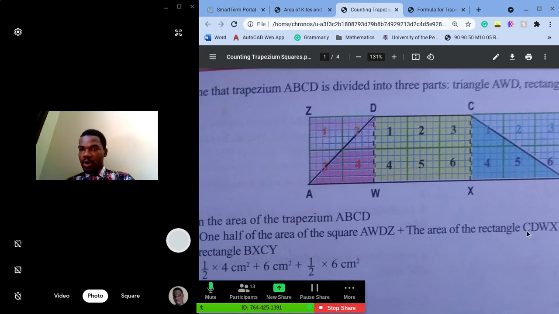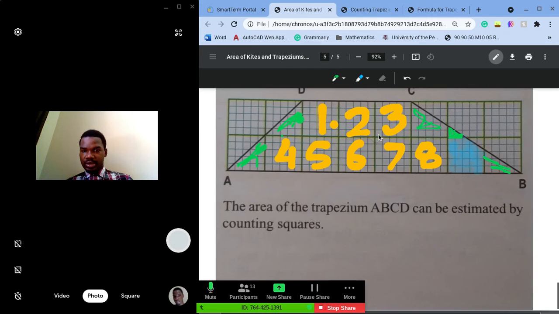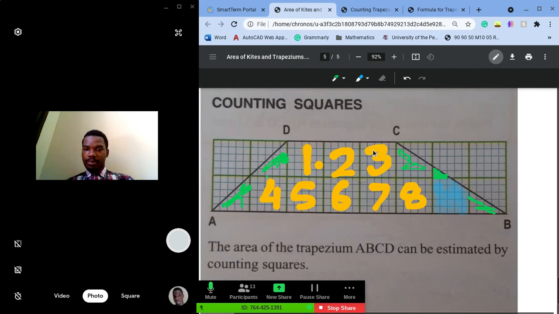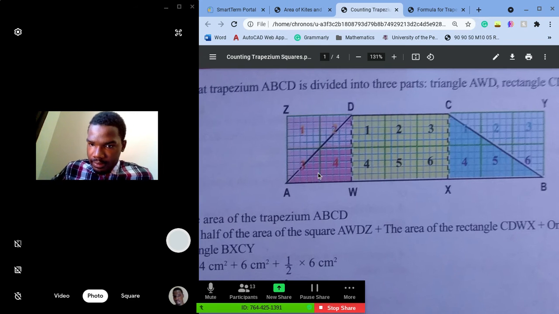So this is the one I want you to draw now, because this was just to help you understand how you can break it apart. But now we're going to look at the counting method for trapeziums, which is where you divide it into 3 parts firstly. So you're going to have basically 2 triangles and a rectangle. Does everyone see that? So I'm drawing the trapezium.